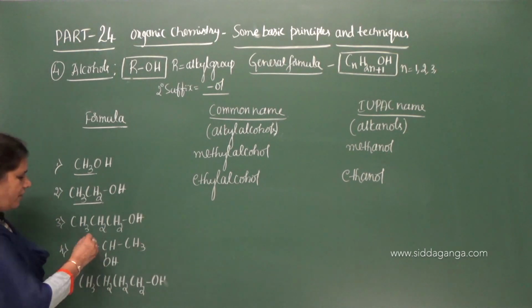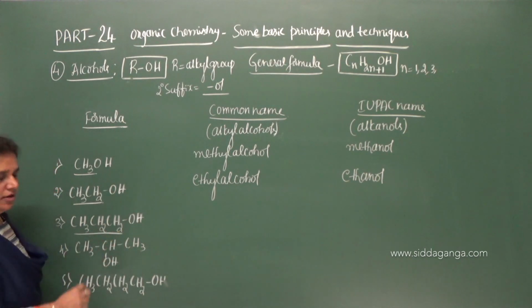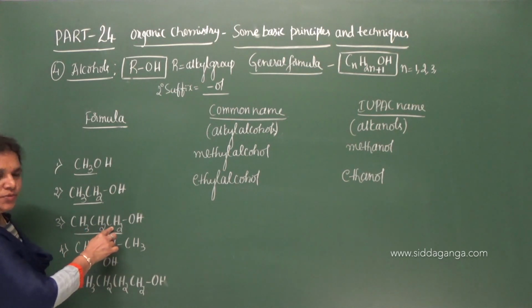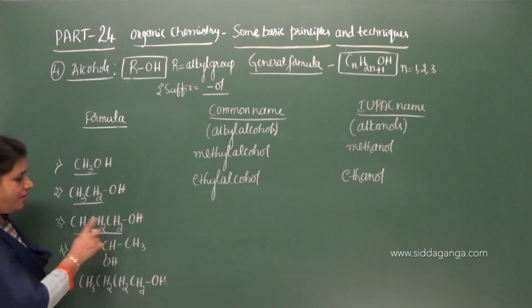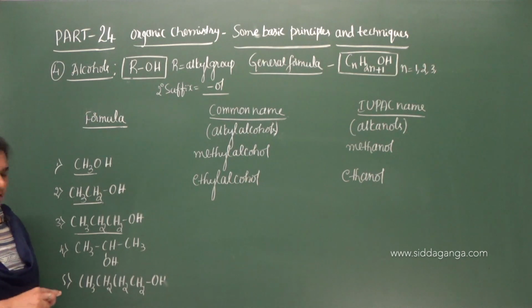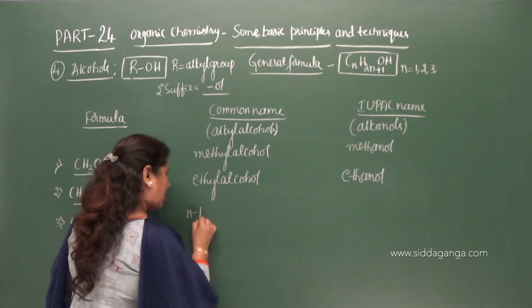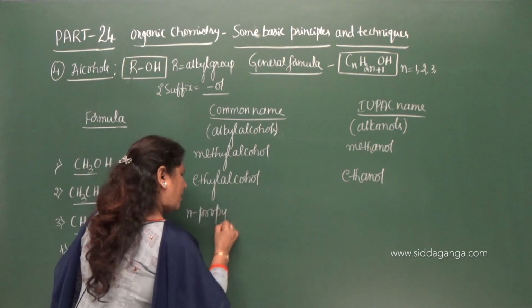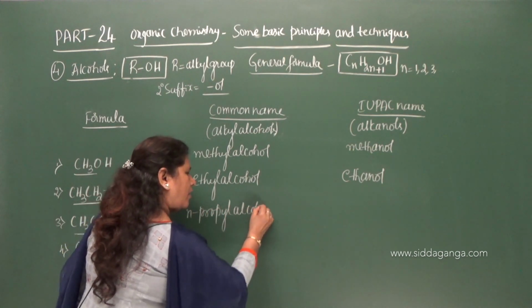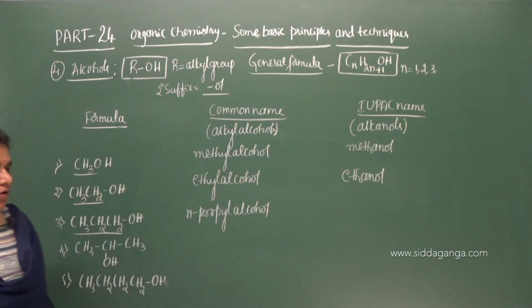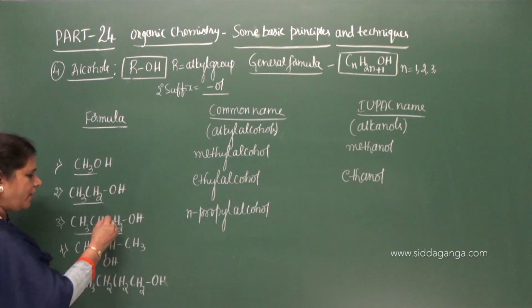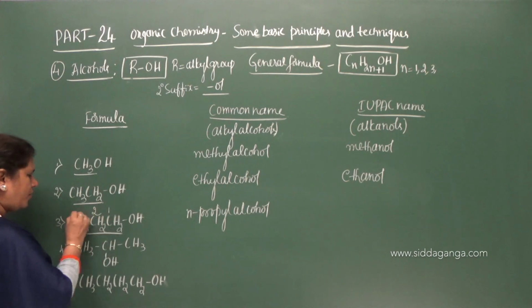And third one, what is the alkyl group here? CH3, CH2, CH2. Propyl group. In the propyl group, the carbon chain is straight. Therefore, it is n-propyl. So, the name is n-propyl alcohol. And what about the IUPAC name? 1, 2, 3.